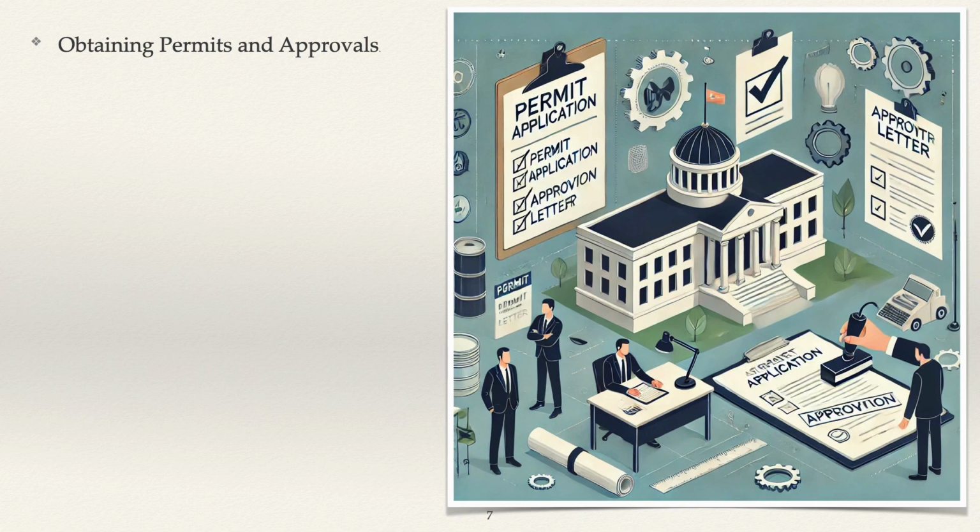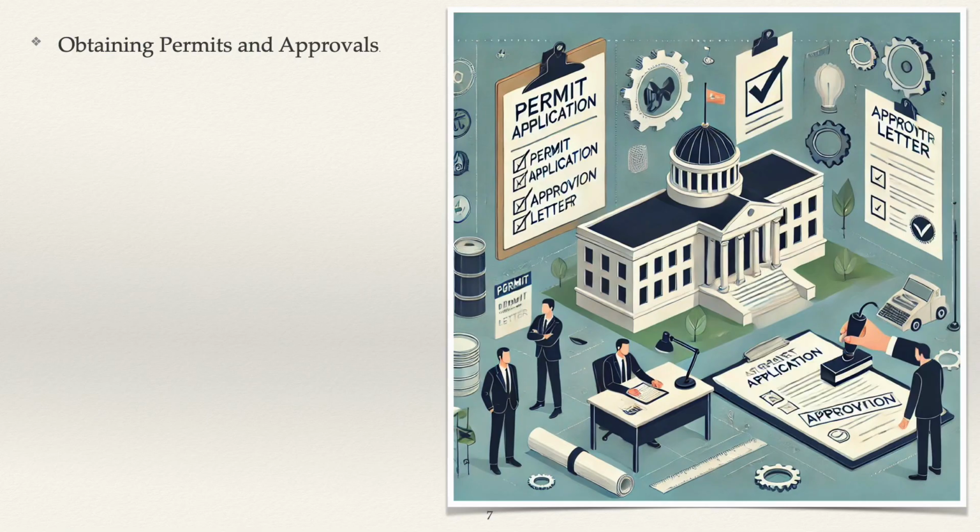Some of the topics we picked up as examples include A. Environmental permits. Environmental permits are required for projects that impact natural resources such as wetlands, forests, or waterways. These permits ensure compliance with regulations designed to protect ecosystems, water quality, and wildlife habitats.